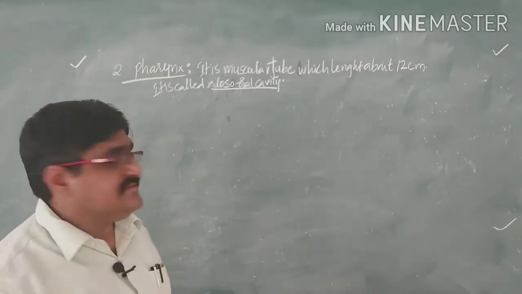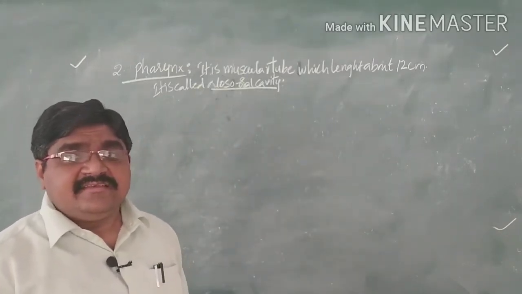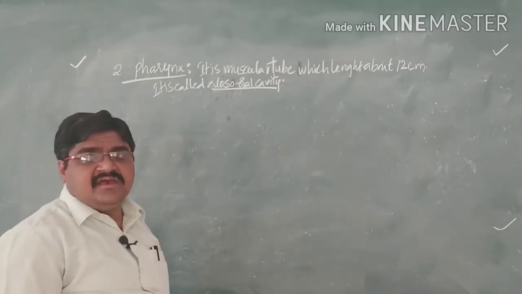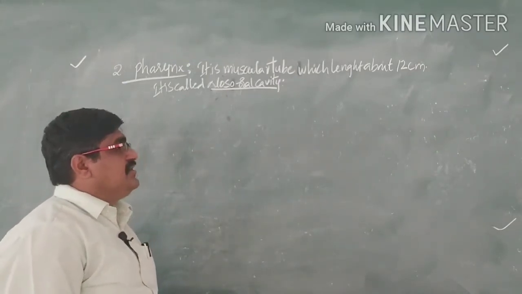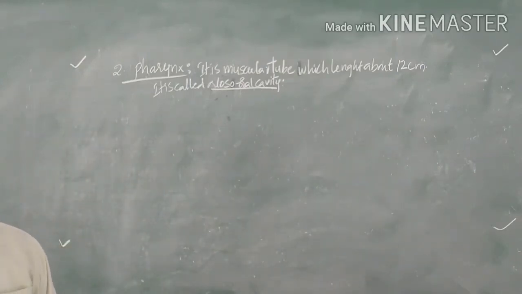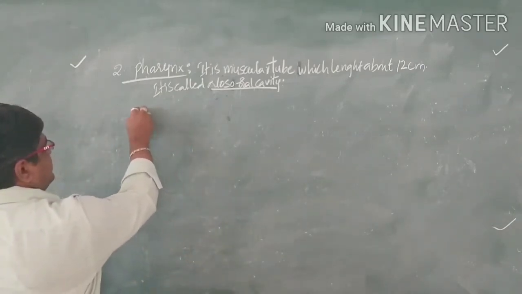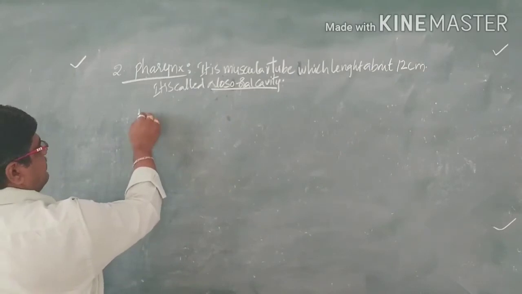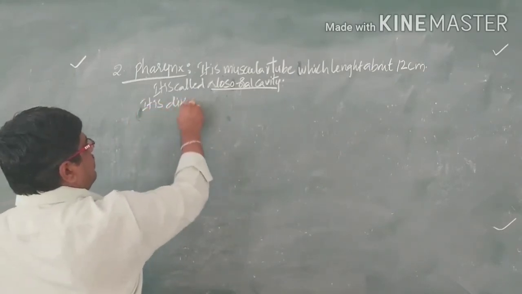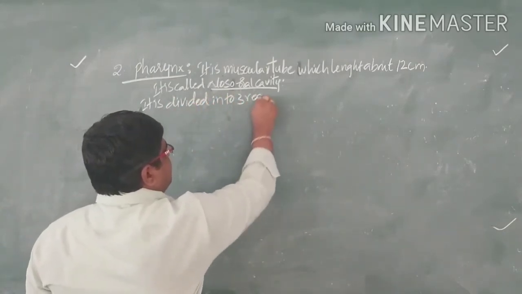So here it is a common passage, so it is also called the naso-oral cavity, and it is divided into three regions.